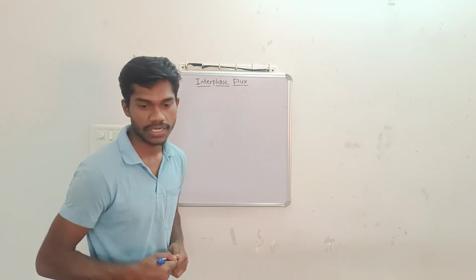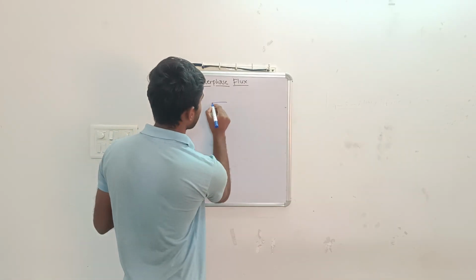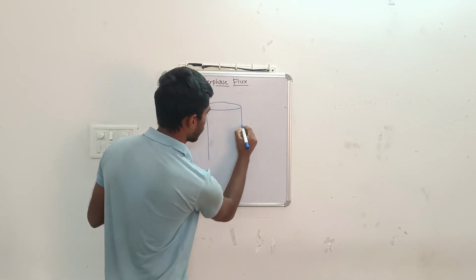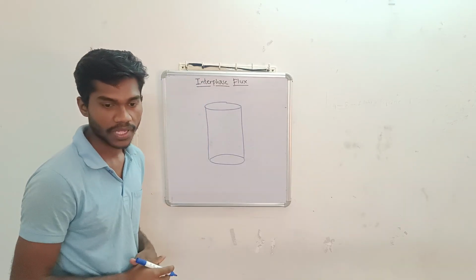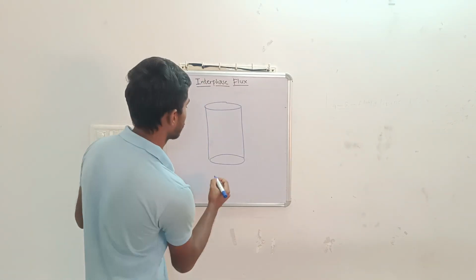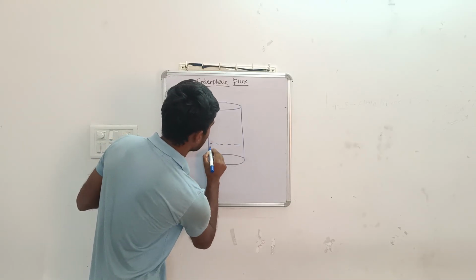So we have a cylindrical tank of 4.5 liters capacity, and we are pouring 1 liter of ethanol in this.